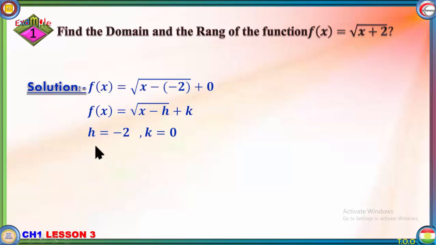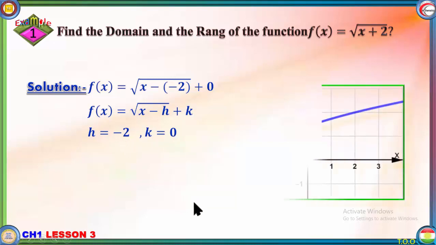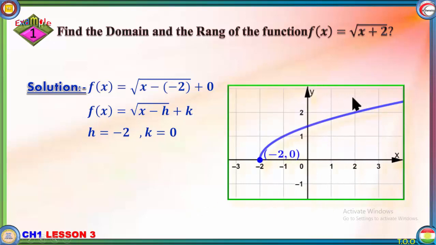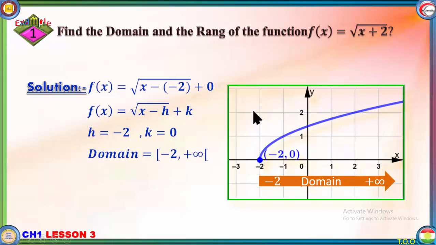That means the domain is from minus 2 to positive infinity, and the range is from 0 to positive infinity. As you can see in the graph of this function, the domain starts from minus 2 to positive infinity, and the range from 0 to positive infinity.